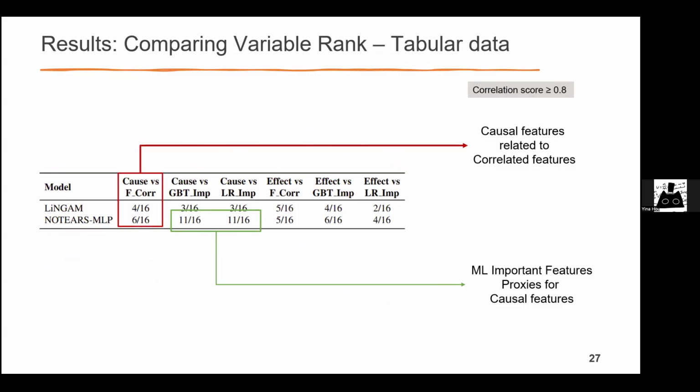However, for both causal models, fewer than half of the datasets show causal features are related to correlated features, which decreases generalizability.